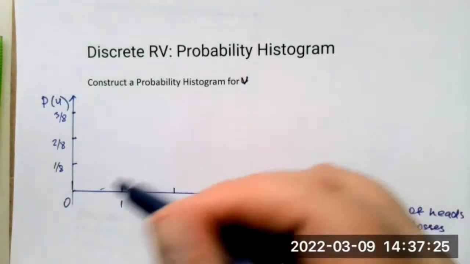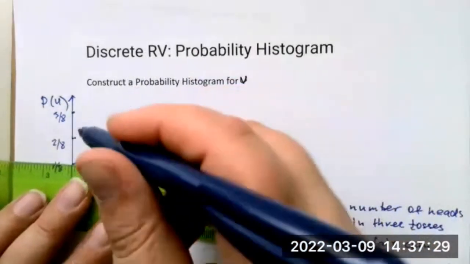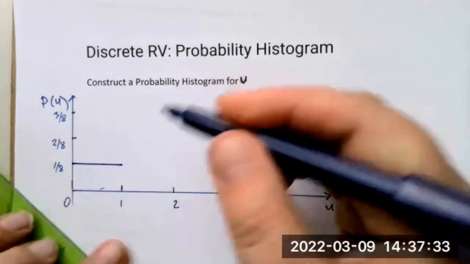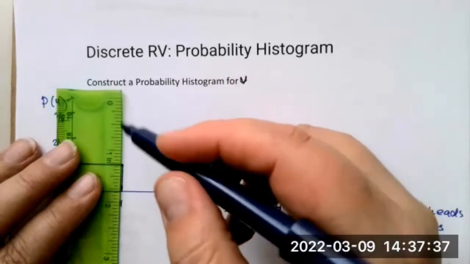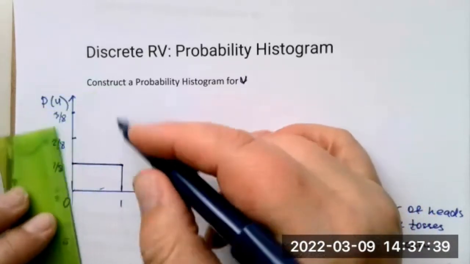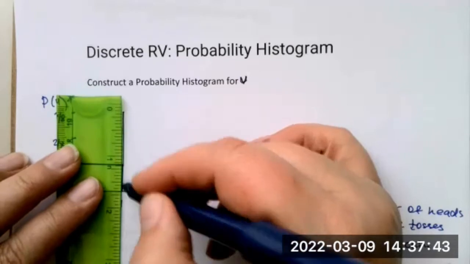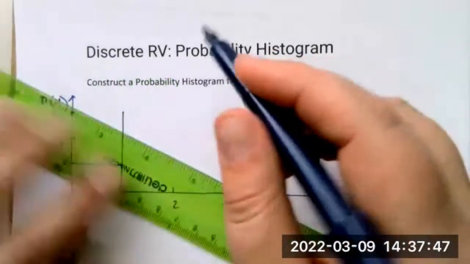All right, so the probability for 0 was 1/8. So it's going to extend up until 1. Then after 1, we have the probability of 3/8. So this bar is going to come up all the way to 3/8.